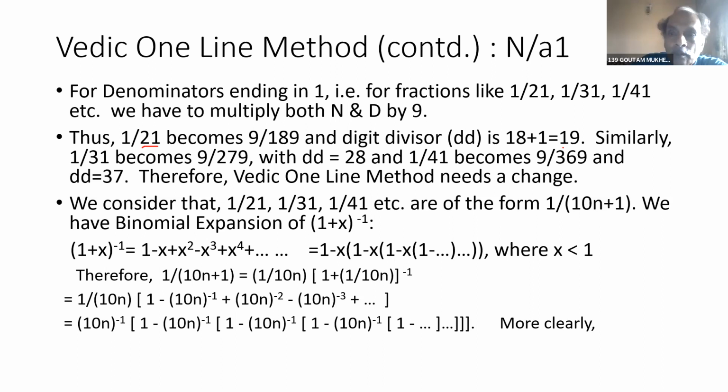Did I save anything? Did I save much? I wanted to divide by 21, but end up dividing by 19, because when I multiply this 21 and go on, it becomes 189.